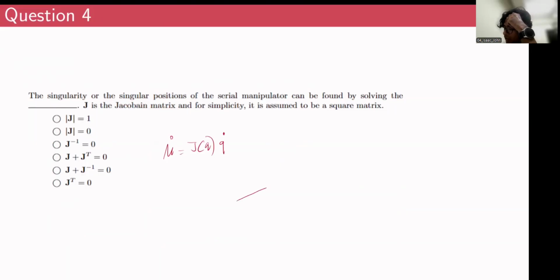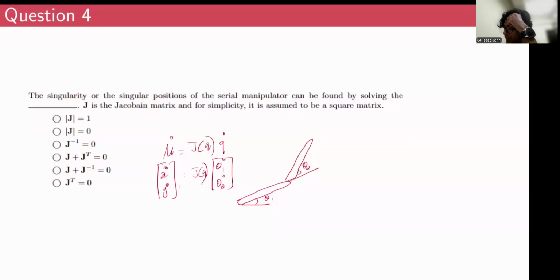So in the case of an RR robot, maybe theta 1 and theta 2, if you solve the two equations, where mu dot corresponds to x dot, y dot, and this q dot corresponds to theta 1 dot and theta 2 dot, and you have this Jacobian matrix.